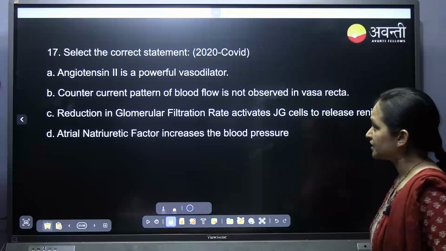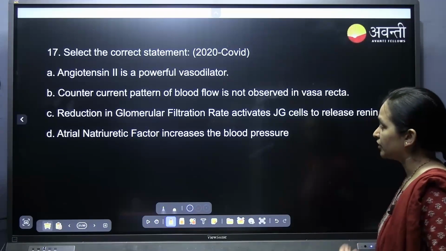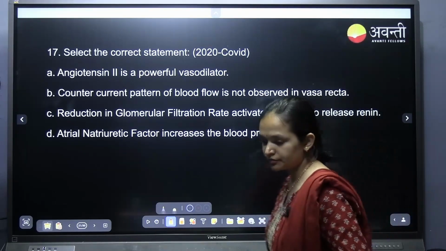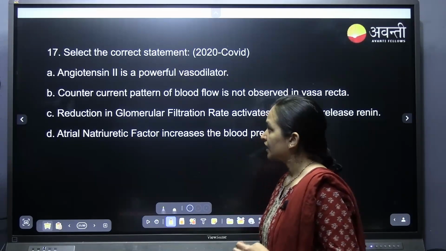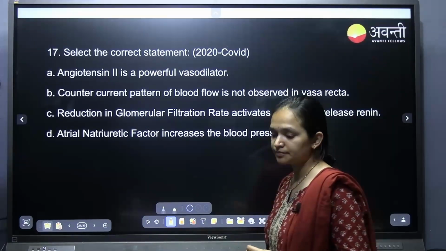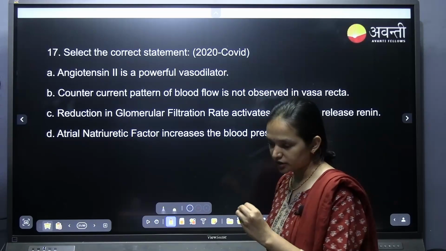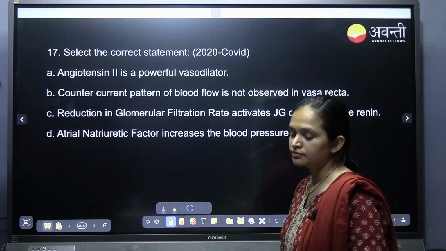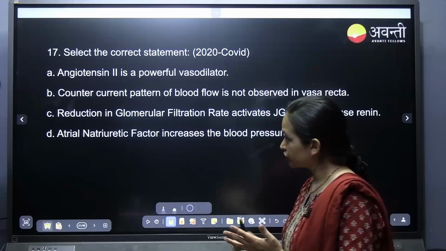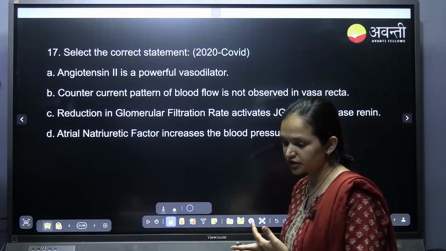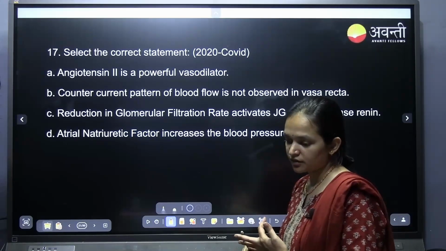Select the correct statement. Angiotensin 2 is a powerful vasodilator. Tell me. Angiotensin 2 is a powerful vasodilator and vasoconstrictor. Who are the vasoconstrictors? Angiotensin 2 is a vasoconstrictor. Aldosterone is a vasoconstrictor. ADH is a vasoconstrictor. Isn't it?